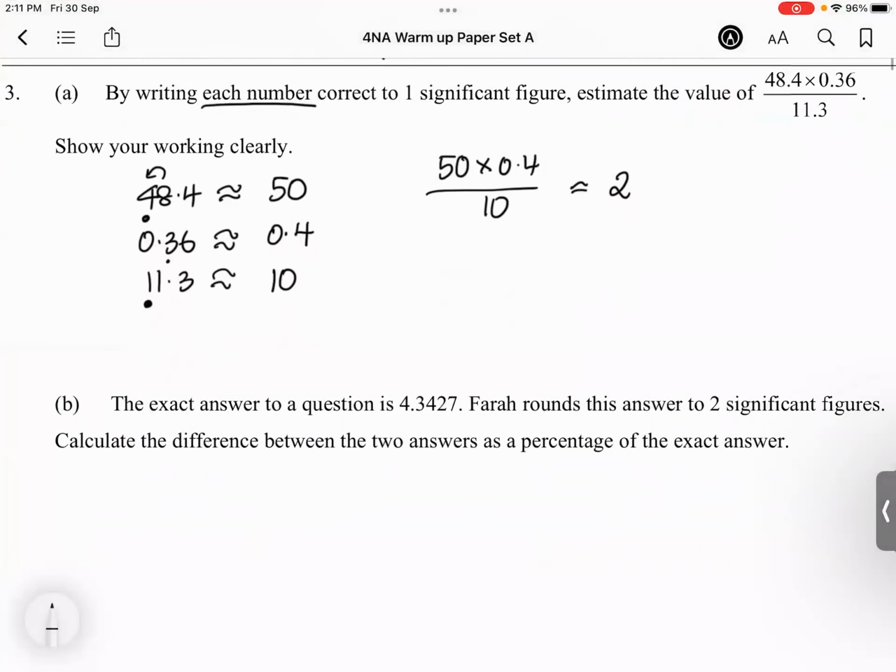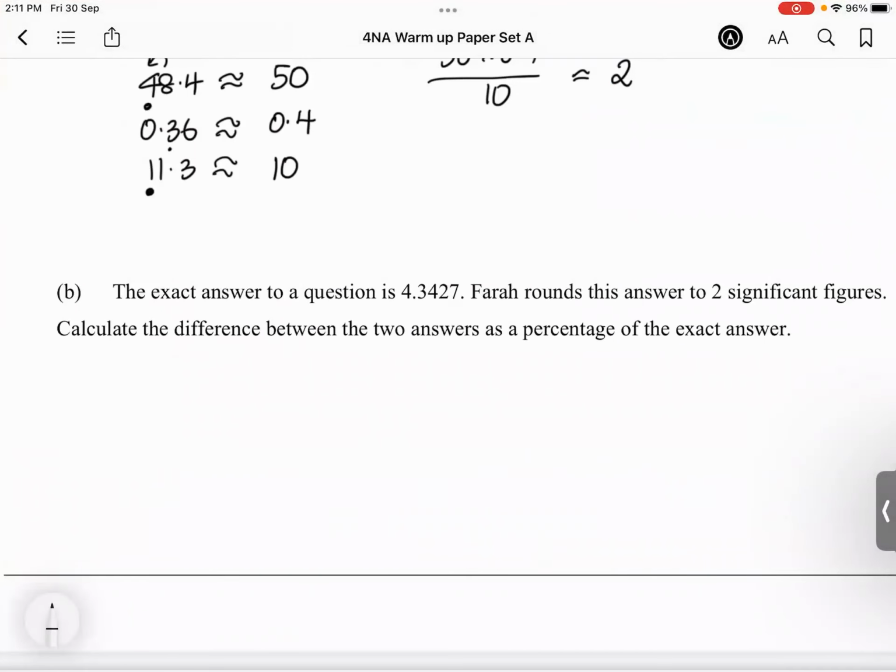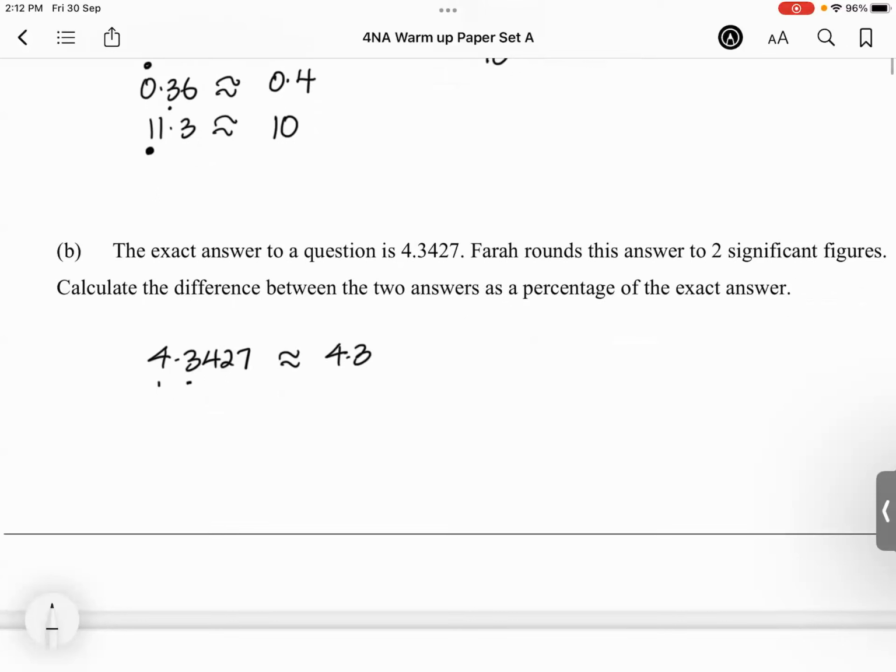Next one. Okay, the exact answer to a question is this number, and round this number to two significant figures. So 4.3427, rounding it to two sig fig, 1, 2, this is the second sig fig. In this case, I will have the number 4.3. They want us to find the difference between the two answers as a percentage of the exact answer.